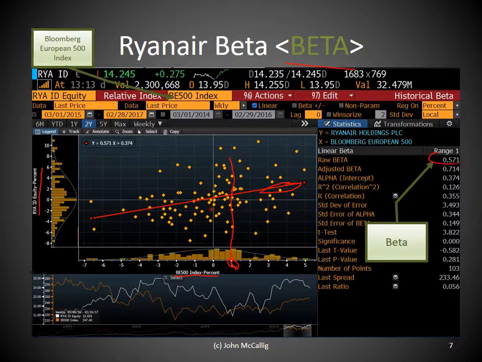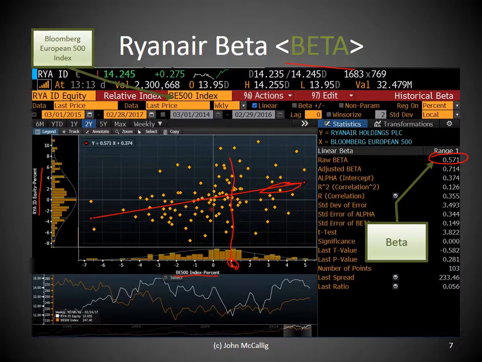The coefficient on that regression, there's only one independent variable there, is 0.571, which means that on average, when the index goes up 1%, Ryanair goes up by 0.57%. So in fact, what we're seeing here is that the Ryanair's beta is below 1.